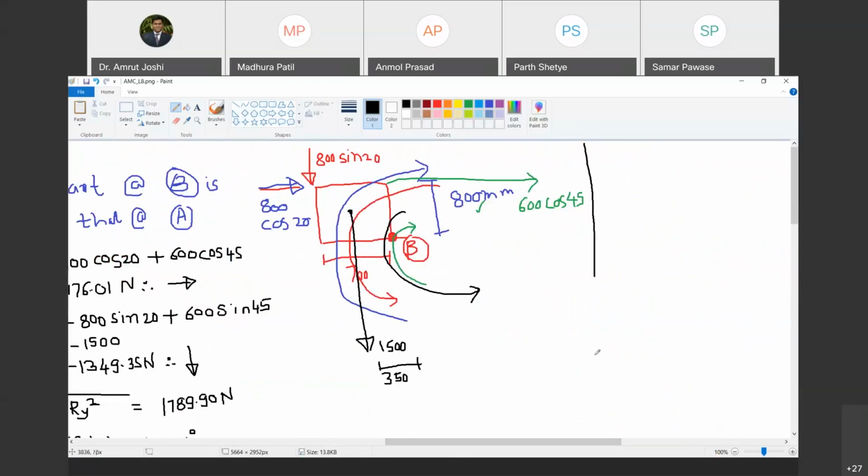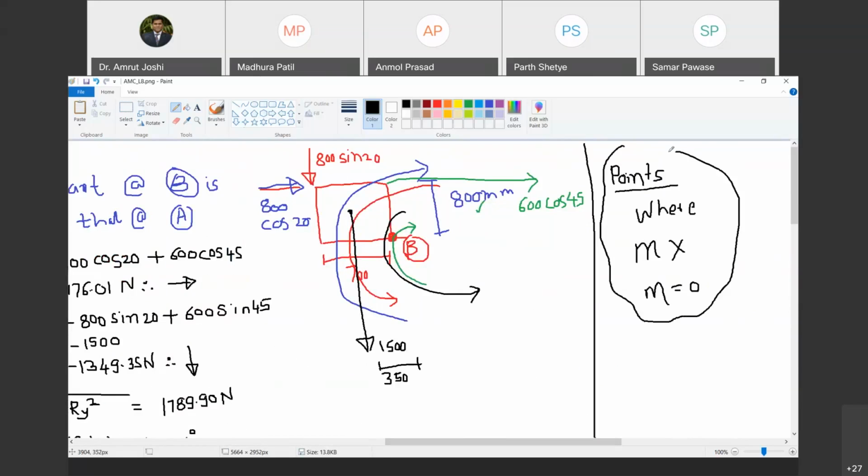Can I find out points where the moment resultant vanishes or becomes zero? Are you with me? Yes. This is the question that we pose now to ourselves. Now it is a reverse process.